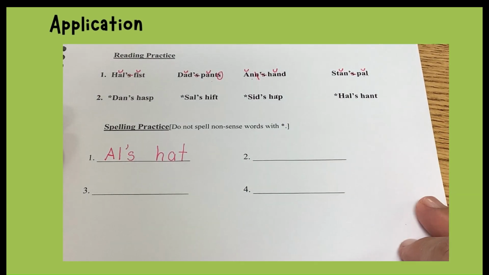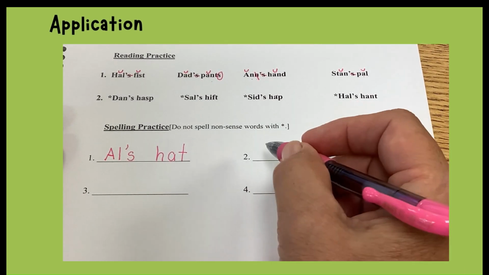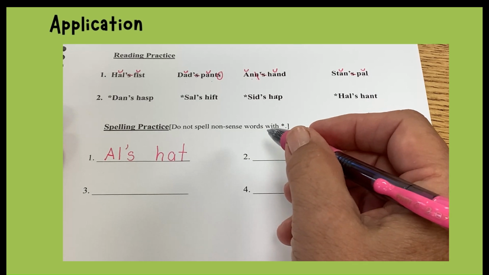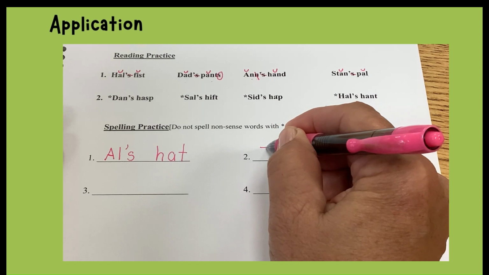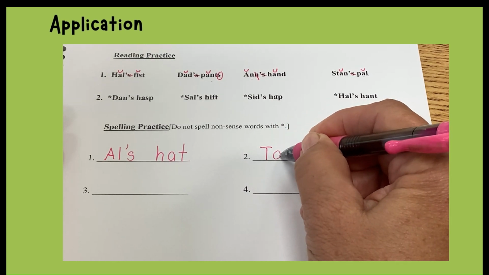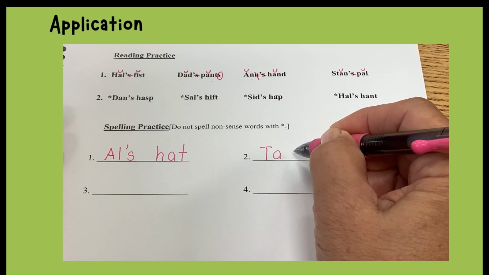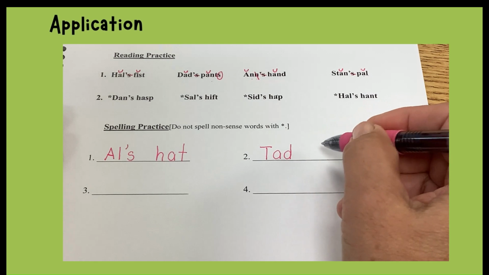Let's go to number 2 here. I'm going to spell another phrase. It says Tad's lip. Repeat that with me. Tad's lip. Let's write Tad first. Now we know this is a name, so we're going to start it with a capital. T. What's that letter? Correct, it's a T. A. D. Tad's.